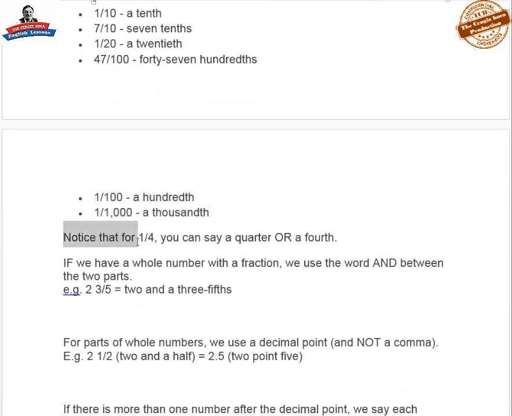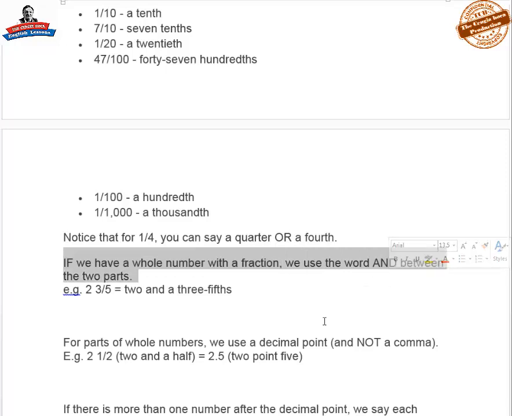Notice that for a fourth, you can say a quarter or a fourth. If we have a whole number with a fraction, we use the word and between the two parts. For example, 2 and 3/5.